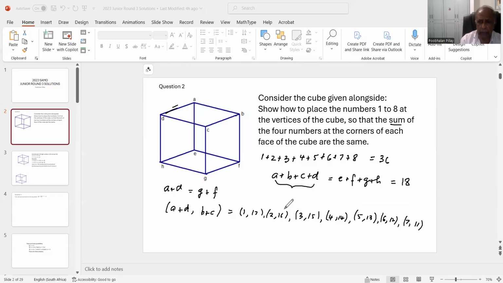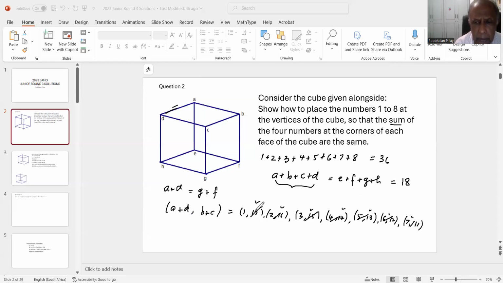But we can eliminate all these here because you only have the numbers from 1 to 8. No, I'm sorry. These are not eliminated. Okay. We got A plus D. The sum of these numbers is that.